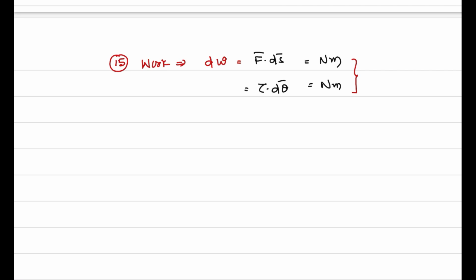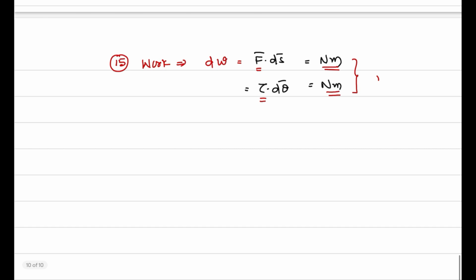Force has a unit of Newton, whereas torque has a unit of Newton meter. Force is different, torque is different. For moment of force, M is equal to R cross F. That can be compared with the torque; force should not be compared with the torque, as far as dimensional analysis is concerned. Now, work is over.